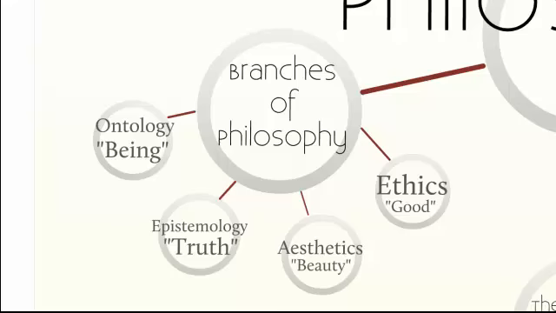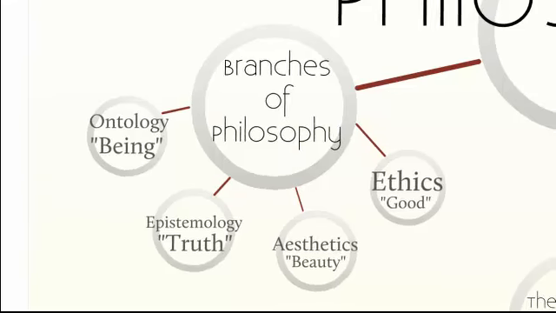And aesthetics, most people know this, although you don't think of it as philosophy, but it's looking at how do we define beauty? How do we define something that's pleasing to the eye? And ethics is the look at why and what is good, what is morally correct. So we're going to be looking at how to build up an ethical argument in this section.